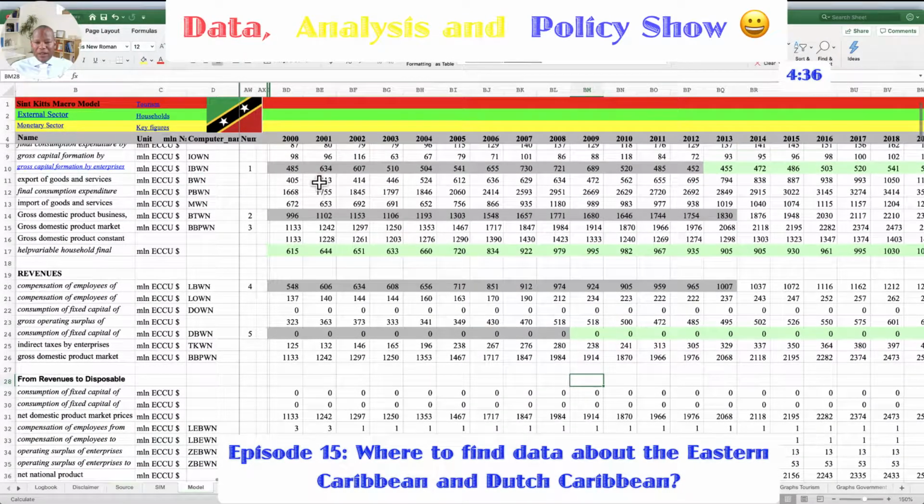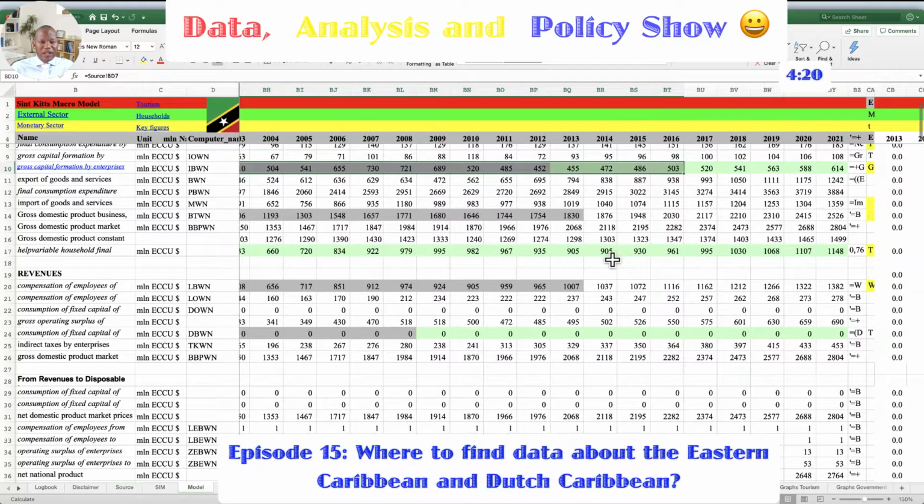So that's one indicator. You have seen that the investments stayed almost the same during the last 12 years, and the model is making a prediction here.